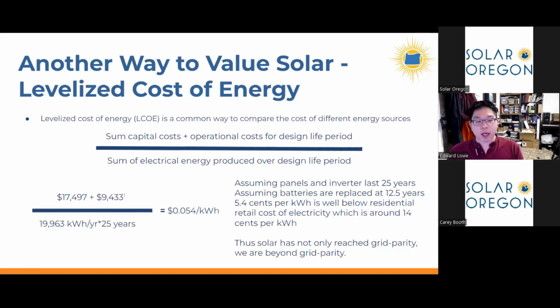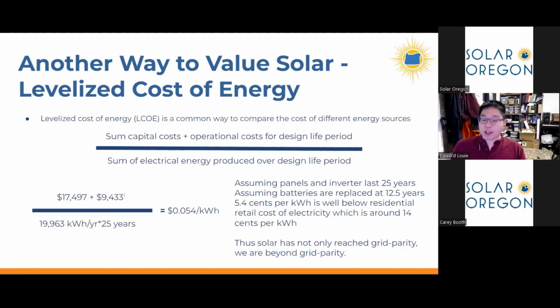Grid parity is a concept where the cost of you generating energy is equal to the cost of buying that energy from the electric utility. When those two numbers are equal, then finally you've reached grid parity. And if you're able to generate that energy, use it and store it at a cost below what the electric utility is charging you, then you're beyond grid parity.